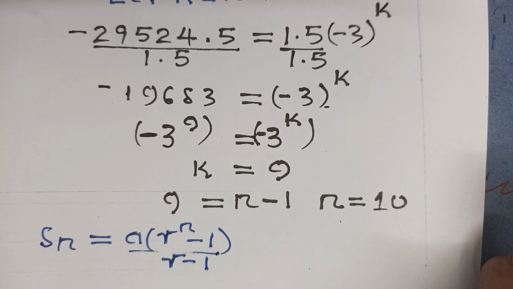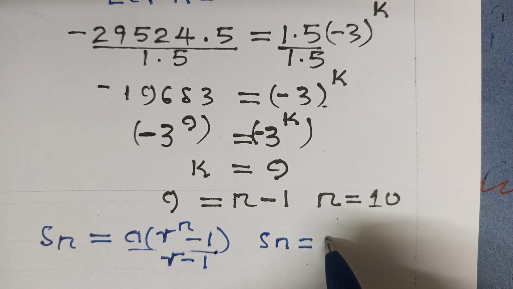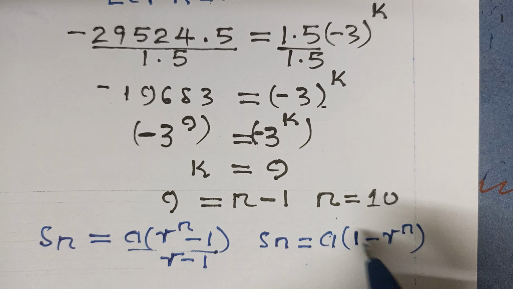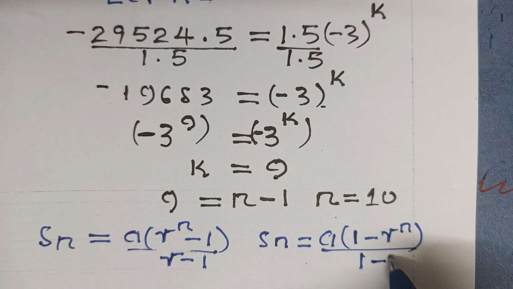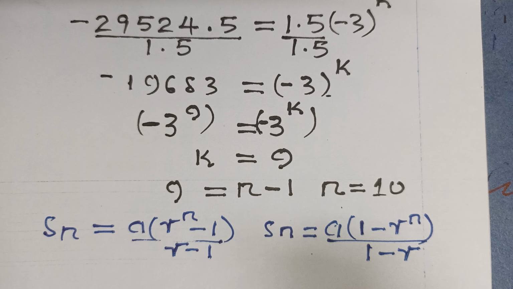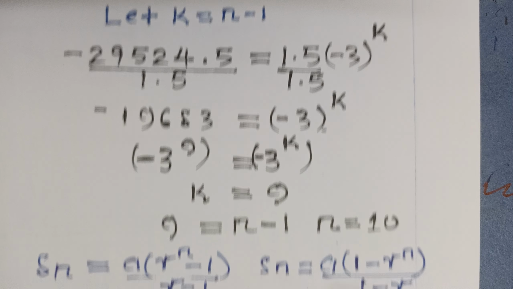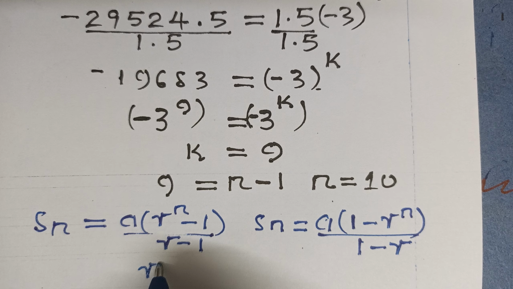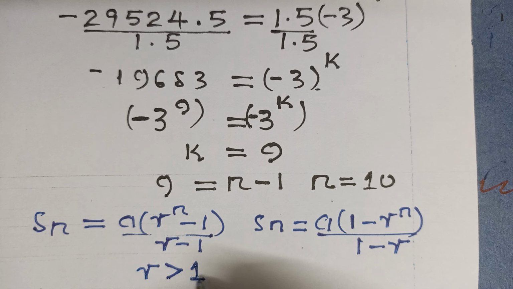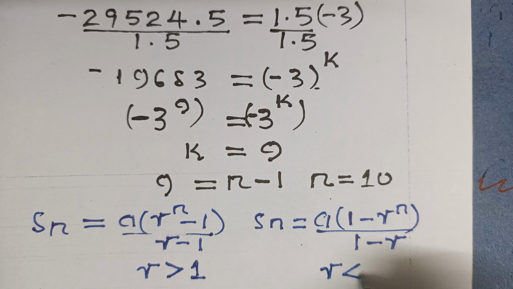At the same time, we have this equation, Sn, the sum of terms, equals A times 1 minus Rn all over 1 minus R. Now for that, we look at the equation and the R. For this one, we shall use it when R is greater than 1. And for this one, we use it when R is less than 1.